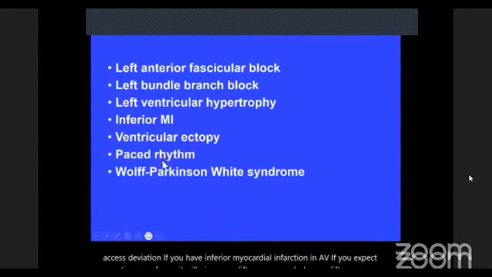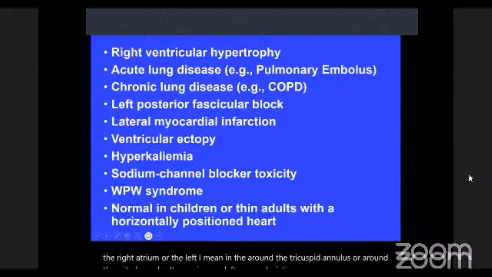Some ventricular ectopics, with a pacing rhythm from the right ventricle, will give you left axis deviation. Certain types of Wolff-Parkinson-White syndrome, which is an accessory pathway, as you know, depend on the location, whether it is around the tricuspid annulus or around the mitral annulus, can give you left axis deviation or right axis deviation.